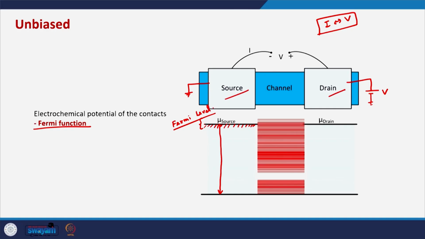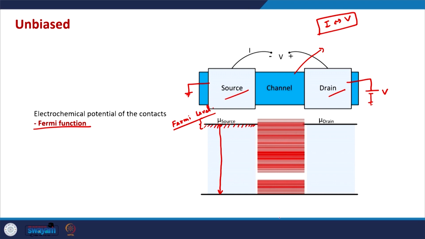There may be some energies which are disallowed, because this is a semiconductor, so there might be a band gap. Moreover, this is a small region, and confinement, as we saw, creates discretization. So the electronic states or the energy levels might be discrete.